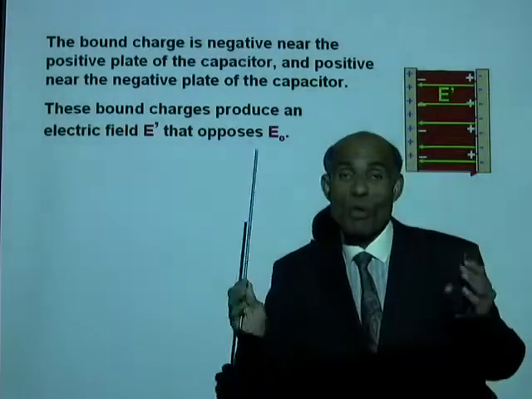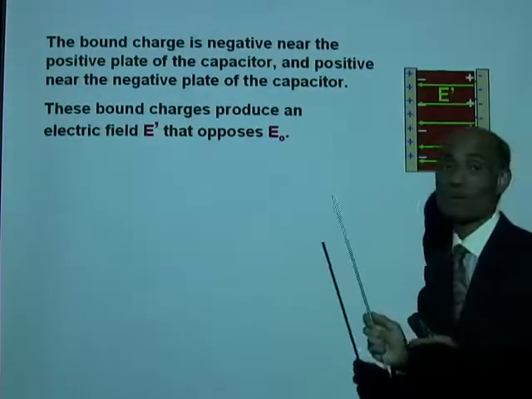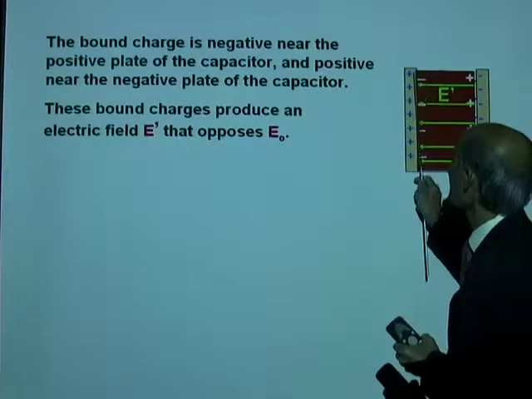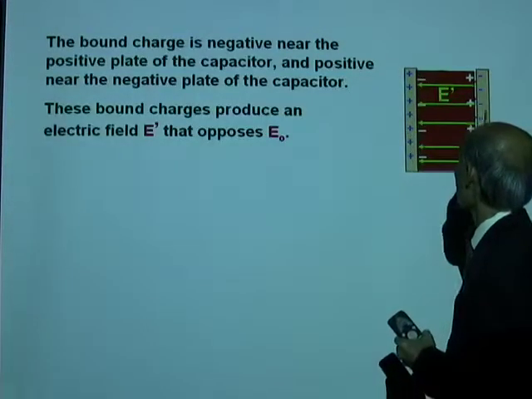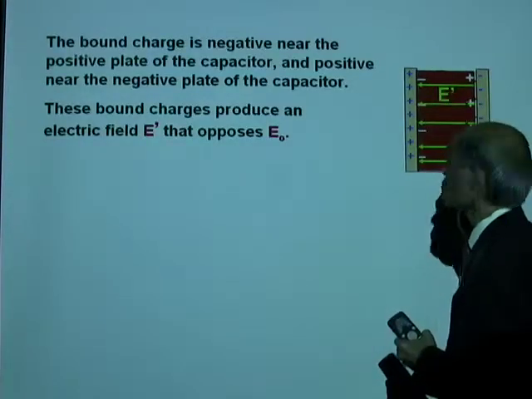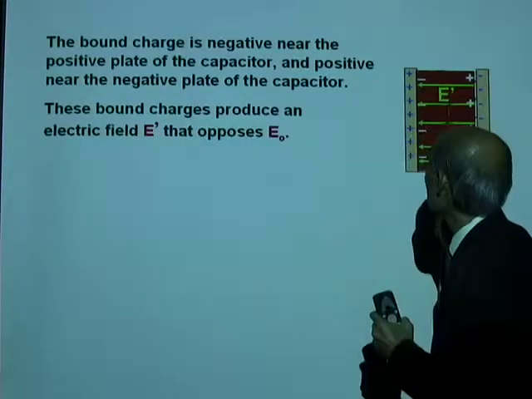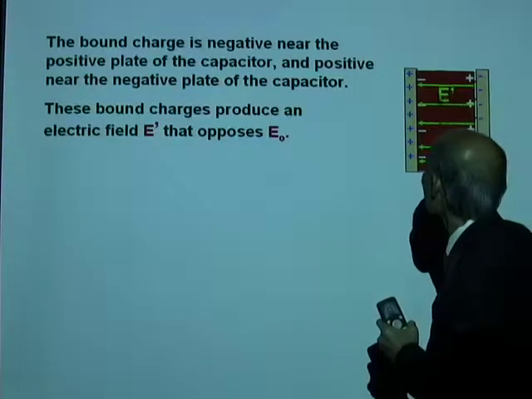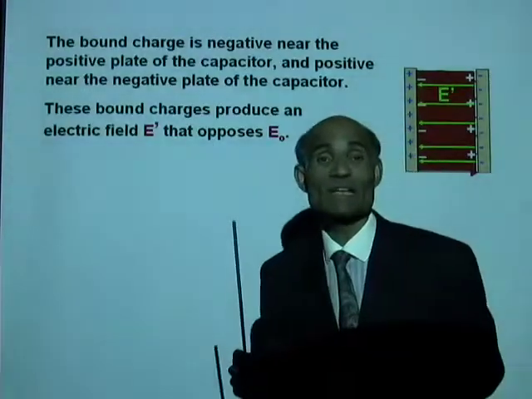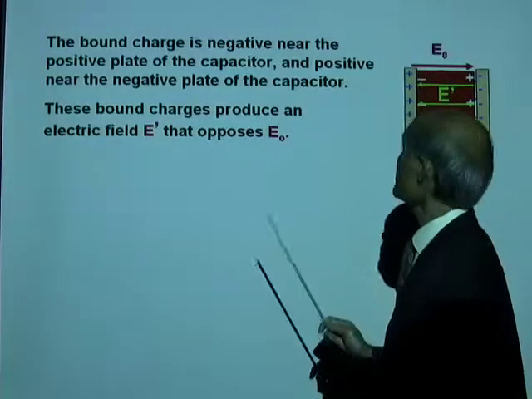This is the E prime, that means the electric field produced by the bound charges. Therefore, what is now the net field in between the capacitor plates? There is an original field E0 caused by the charges on the capacitor plates. After the dielectric is introduced, the bound charges on the dielectric produce an electric field E prime that opposes the original field E0.